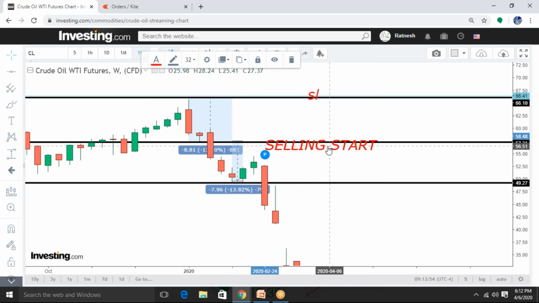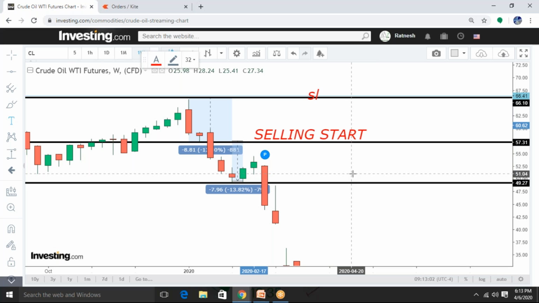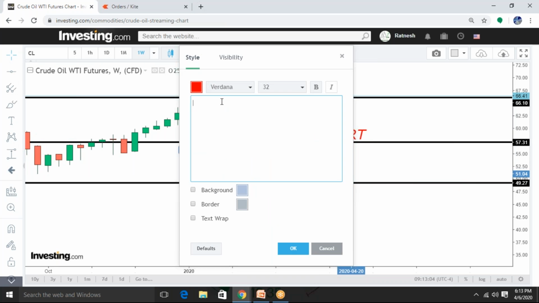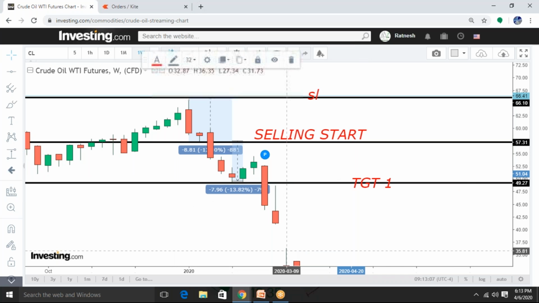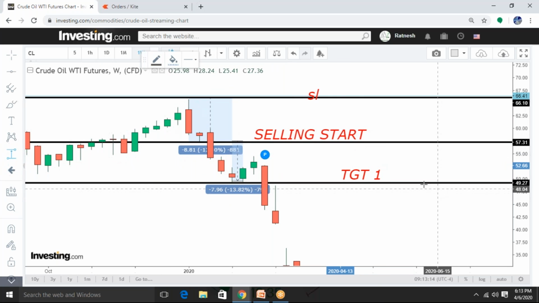Selling starts at this point. And what is target one? Target one is similar to this stop loss, so you can put your target one here. Similarly, for target two, you have to take a similar length, almost 13%.